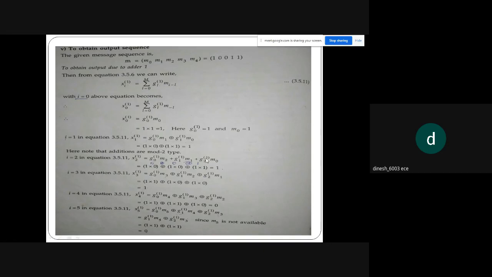Substitute the equivalent values and simplify using modulo-2 addition, we get 1. Similarly, do it for i is equal to 3. We will get g0 of 1 into m3, modulo-2 addition g1 of 1 into m2, modulo-2 addition g2 of 1 into m1.